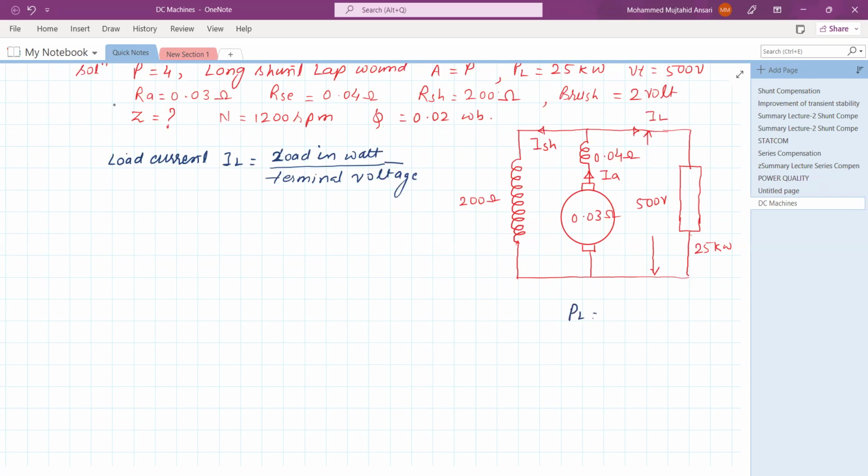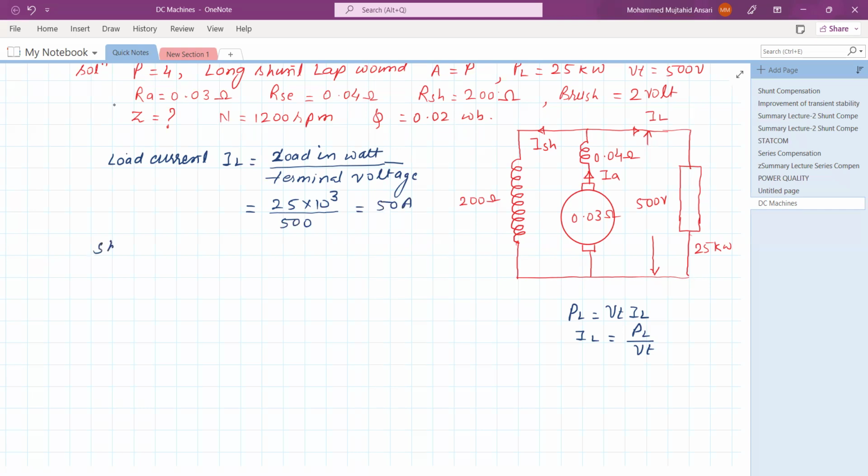Load PL is equal to VT into IL. Therefore, IL is equal to PL divided by VT, but the load should be in watt. If it is in kilowatt, first convert it into watt. So it is 25 into 10 raised to 3 watt divided by 500, which equals 50 ampere.